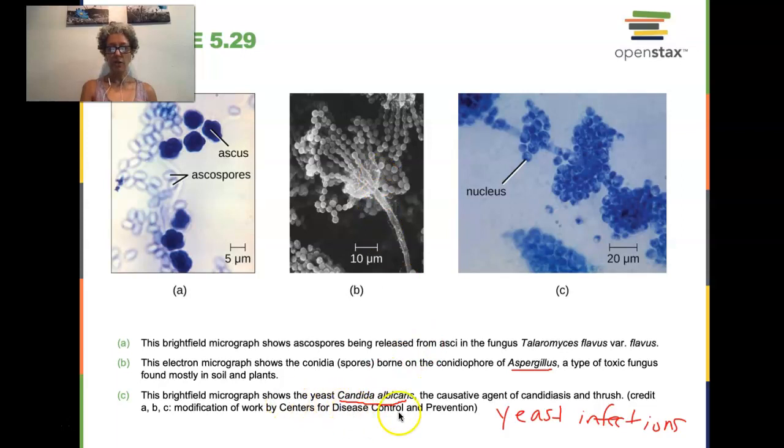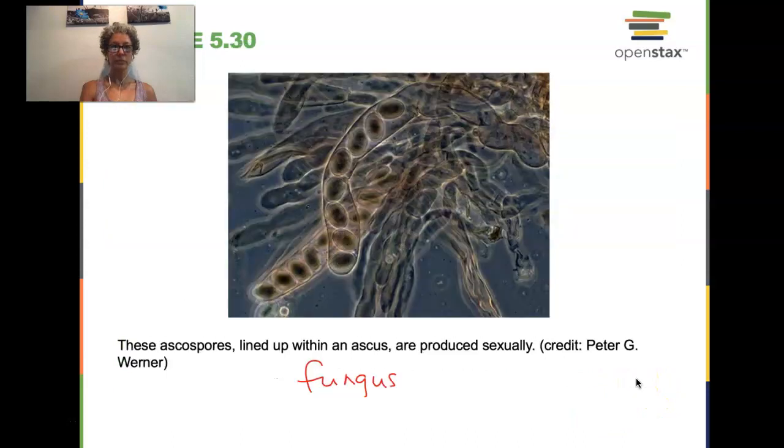And we can also have the yeast form. The Candida albicans causes yeast infections, vaginal yeast infections, reproductive yeast infections, and thrush, which would be an oral yeast infection. It's an example of ascospores, where in the hyphae the spores are forming in the ascus.